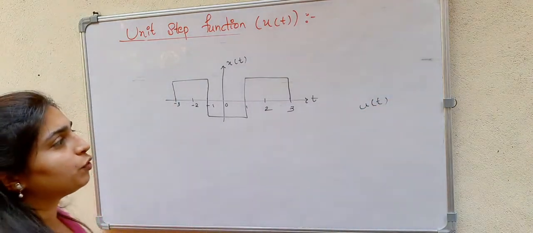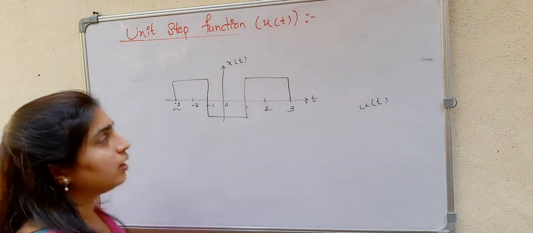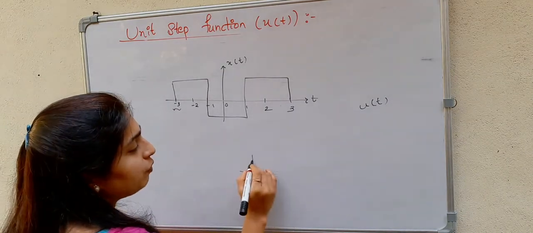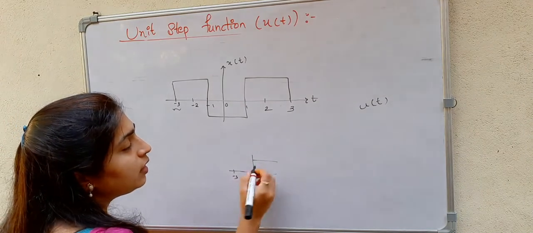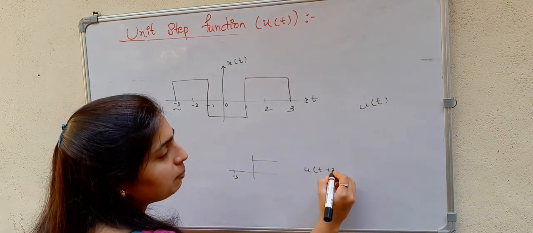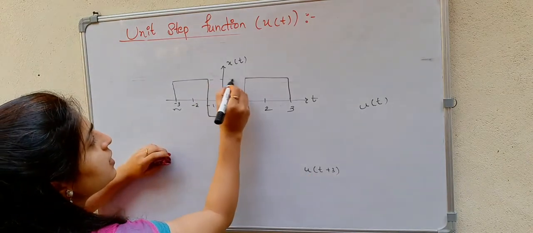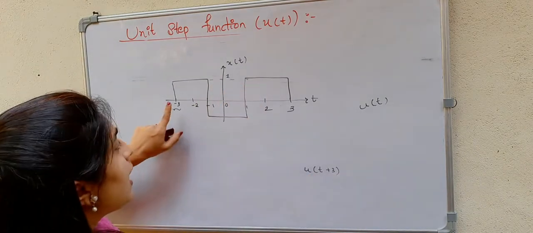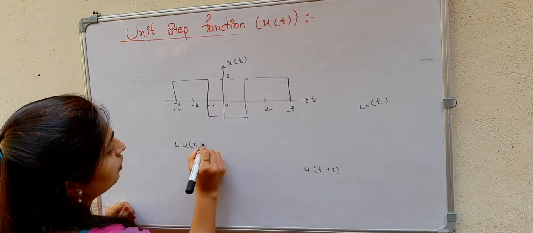See, it is starting at t is equal to minus 3. Okay, that means your u of t is shifted towards left by 3 units, right? That means you have u of t plus 3. What is the height? Okay, let us consider this height as 1. So it will be u of t plus 3, that is 1.